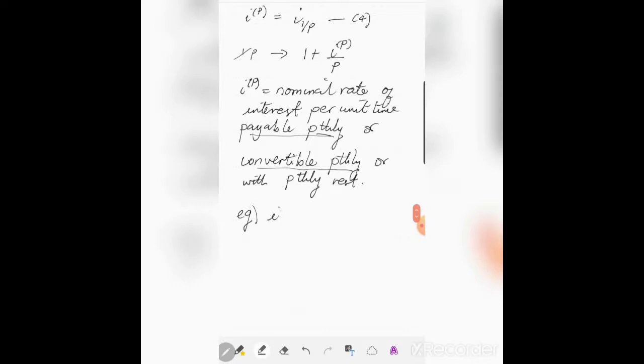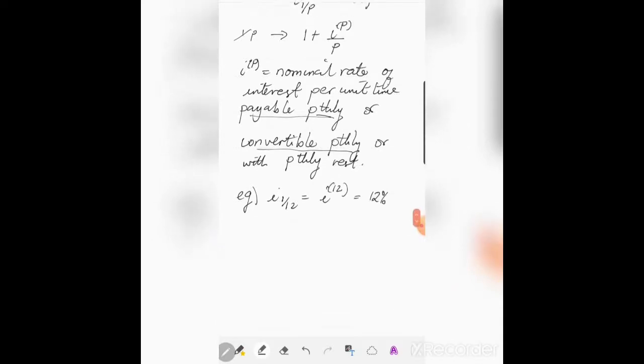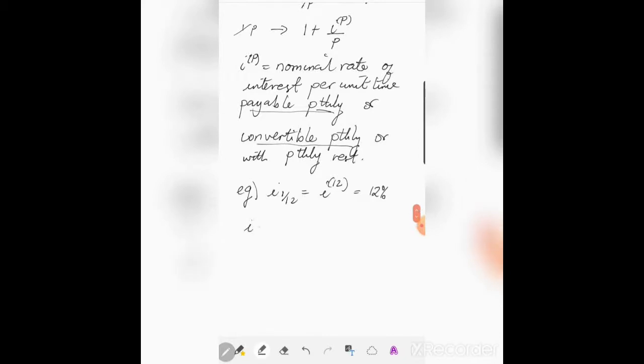If we have i subscript 1 over 12, which is i^(12) equal to 12%, this is the yearly rate of nominal interest converted monthly, such that the effective rate of interest, denoted by i, is what? 12% divided by 12 gives 1% per month.